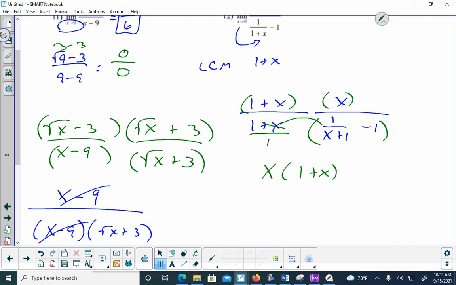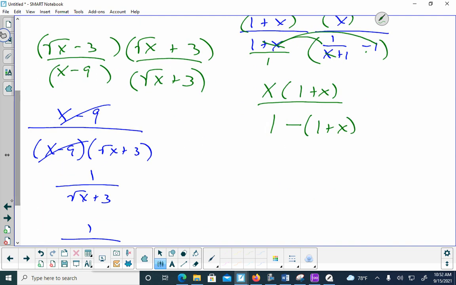Here, when I multiply, now I'm going to multiply it by this first. Here, the x plus 1s will simplify, and I will have a 1 minus, because that's that minus sign. And then when I multiply that negative sign by 1 plus x, because remember I have to distribute it to that term as well, I'm going to have x times 1 plus x over 1 minus x.